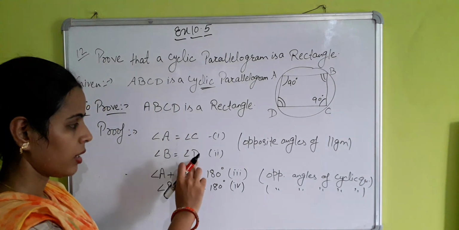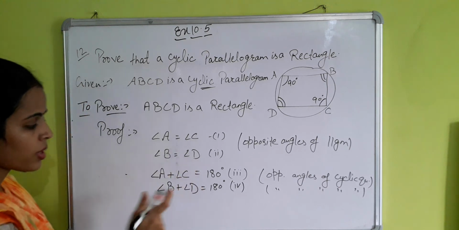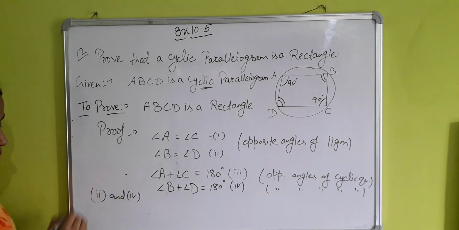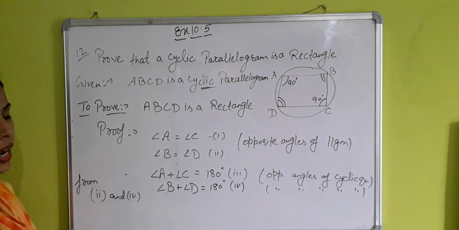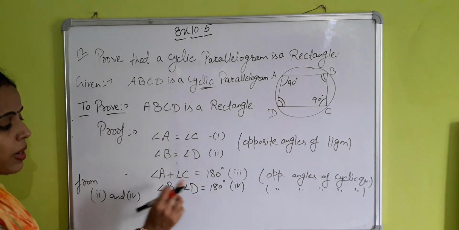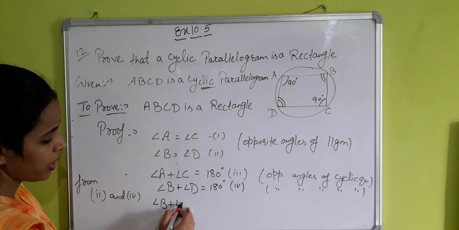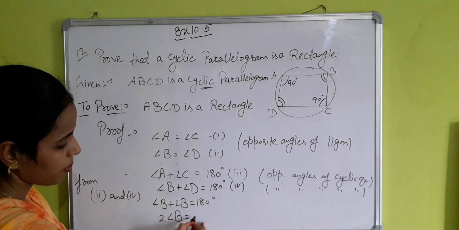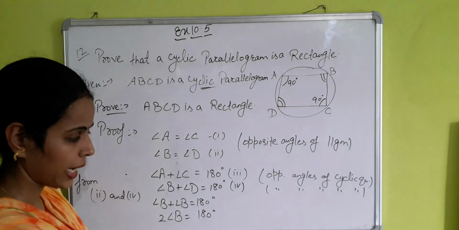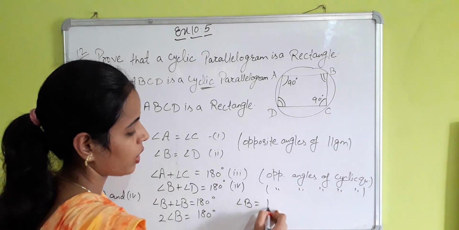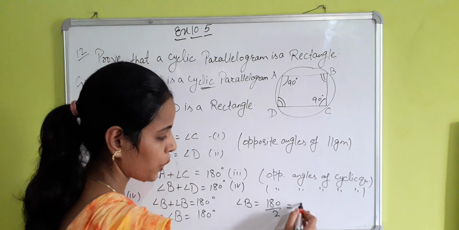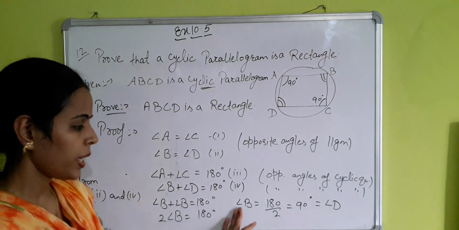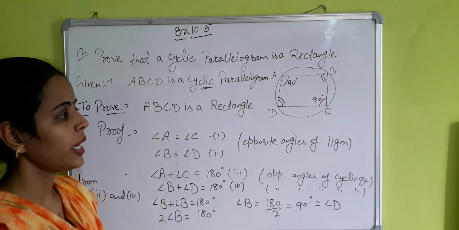So from equation second and fourth, we can say that angle B plus angle B is equal to 180 degree. 2 of angle B is equal to 180 degree and angle B is equal to 180 upon 2 equals 90 degree and equals angle D. B and D are equal and equal to 90 degree.